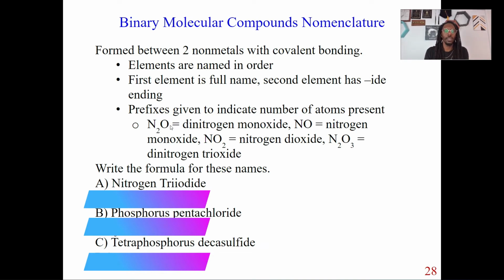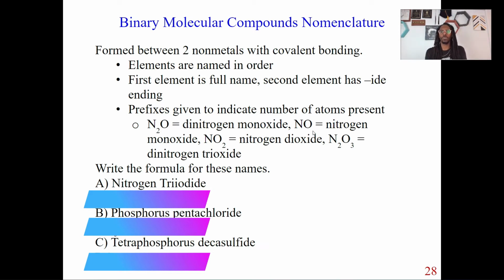The second element is oxygen, so we change that ending to IDE, oxide, and we must give that prefix, so that's monoxide. Together, this molecular compound is di, because I have two nitrogens, so dinitrogen, then I have one oxygen, so it's mono for one oxide. Remember to change that ending to IDE.